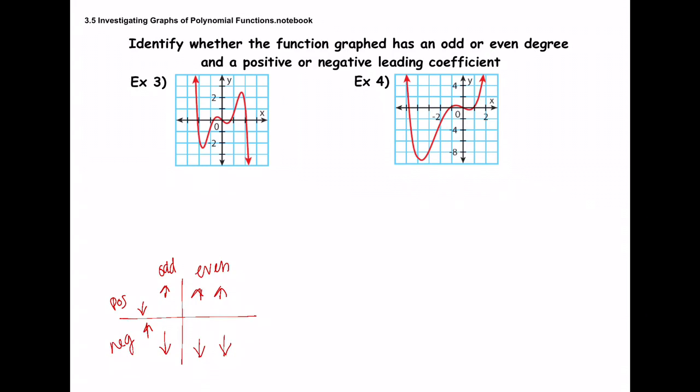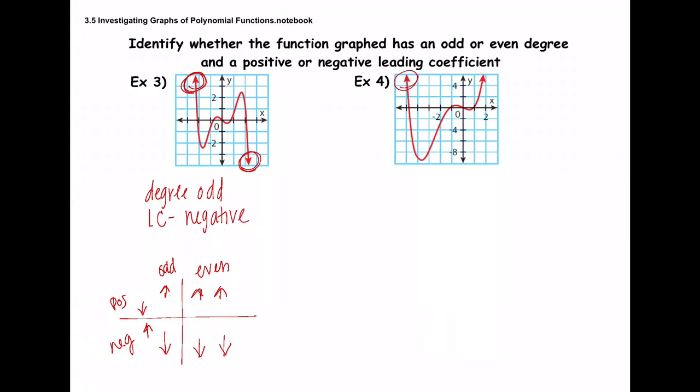So in example 3, my polynomial is pointing in two different directions. So I know that my degree is odd. And when I look at my leading coefficient, if it is up to the left, down to the right, my leading coefficient is a negative number.